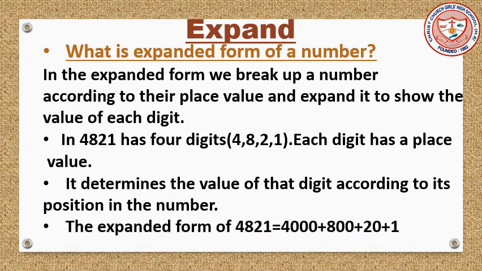If we are going to write the expanded form of 4821, then it will be 4 thousands plus 8 hundreds plus 20 plus 1. Got it?